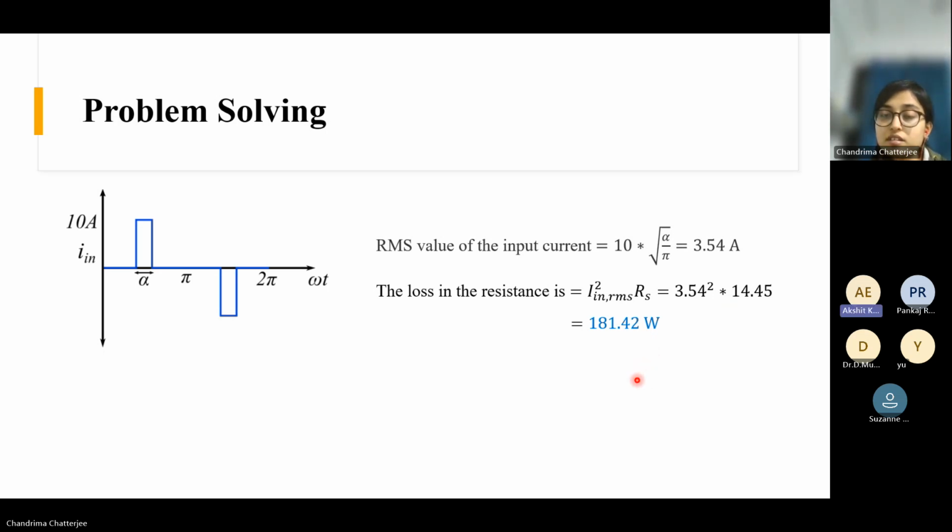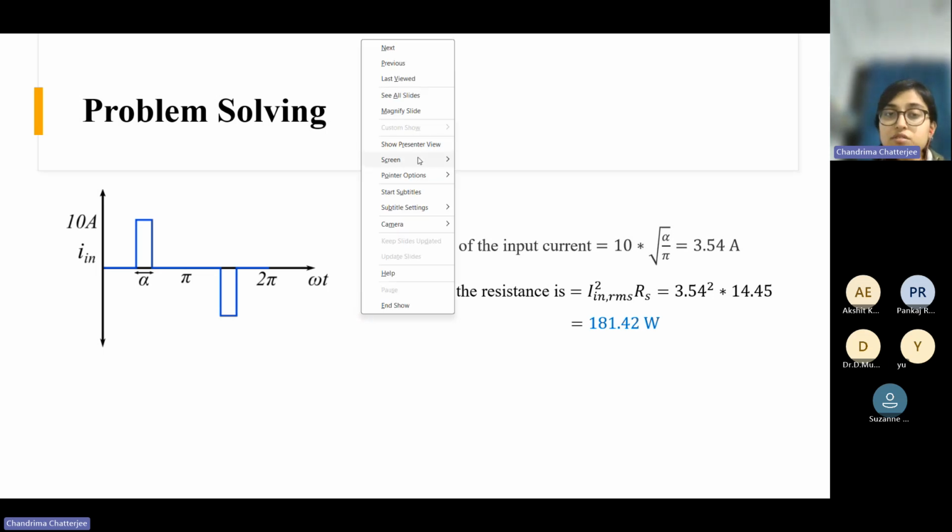Ma'am, how alpha by pi? Because this is a quasi square wave, right? If you just calculate the average, you can calculate it in the conventional way. How do we calculate? We calculate the average value in this way.